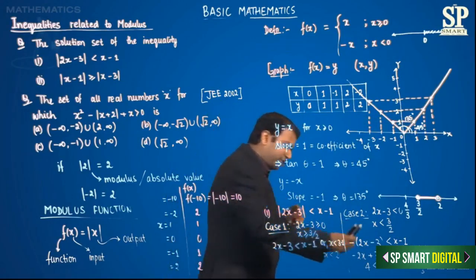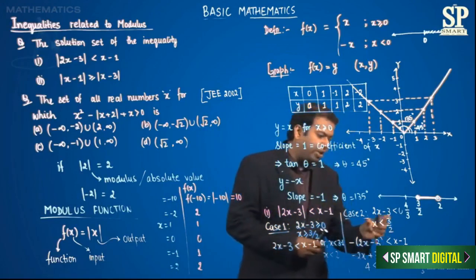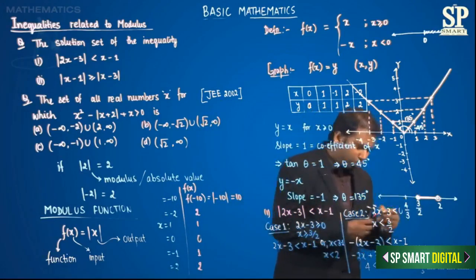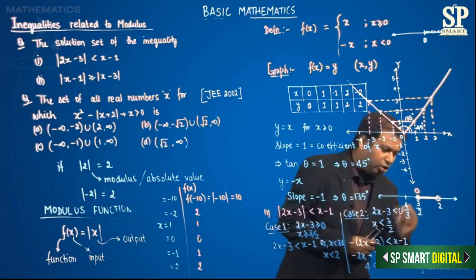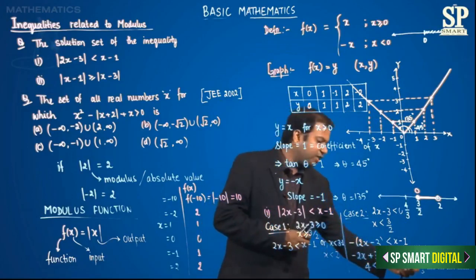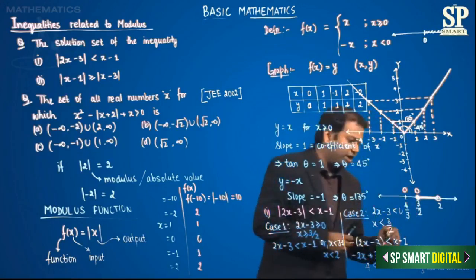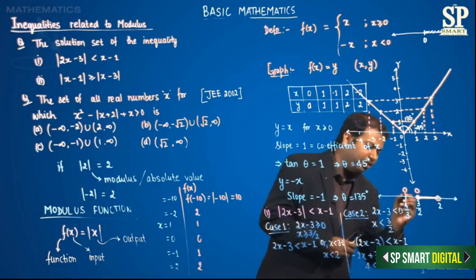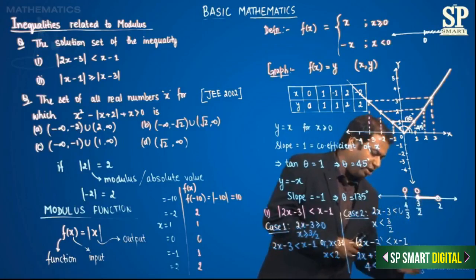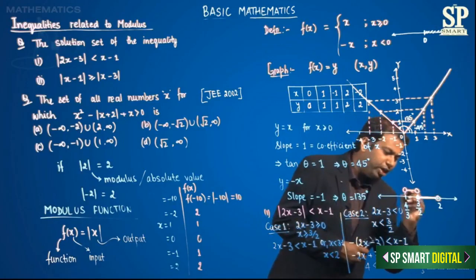Let us look at case 2. Here x should be less than 3/2, so let me mark a hollow circle here, and x should be greater than 4/3. So let me similarly mark a hollow circle just above 4/3, and all the values lying in between are the solution set.